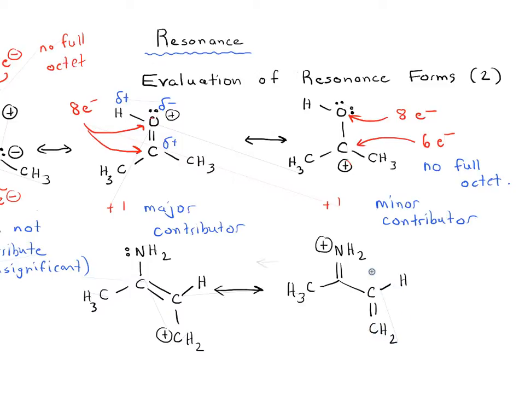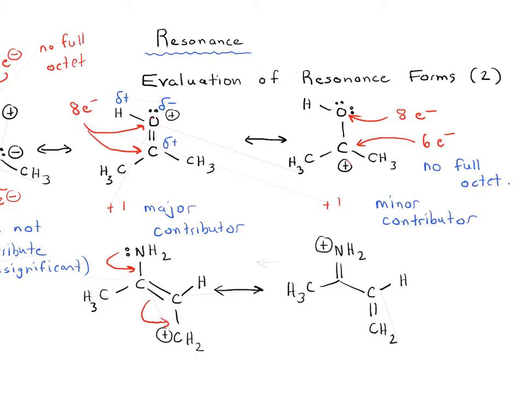If you're following the arrows, we could get there by taking a lone pair from the nitrogen and forming the nitrogen-carbon pi bond, and then taking the pair of electrons from the carbon-carbon pi bond and moving that pair of electrons to this carbon-carbon double bond here.